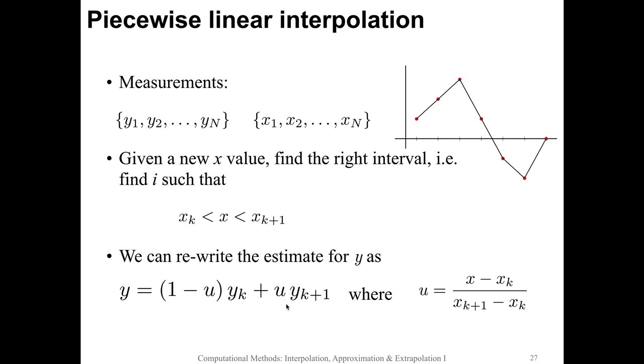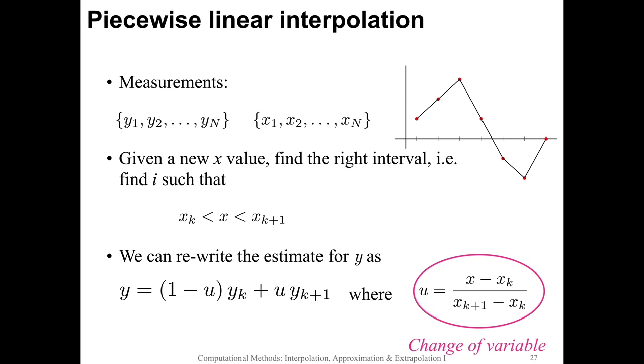And this fraction, u, is simply how far we've gone from xk to the end of the interval, xk plus 1, when we've reached the point x. So this proportion of how far we've travelled can be used to define a blend that combines yk and yk plus 1 to give us our estimated, interpolated value y.